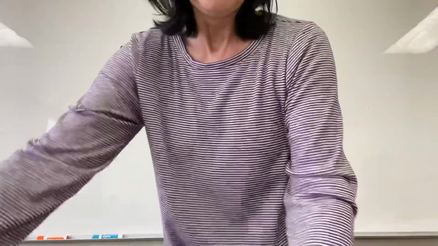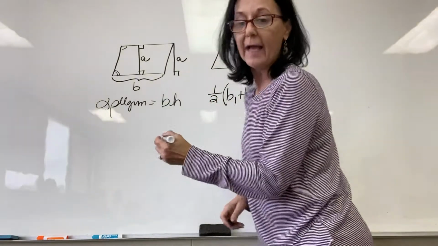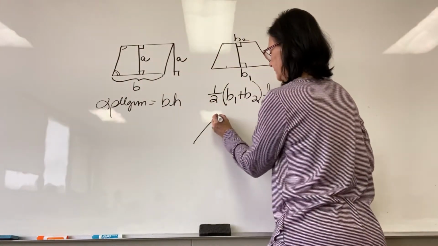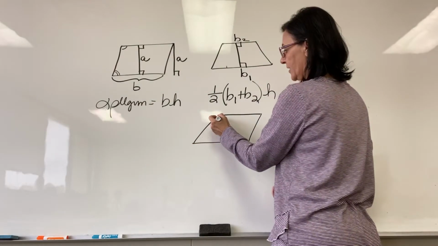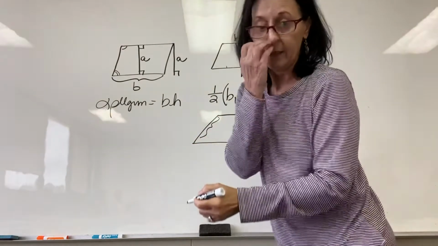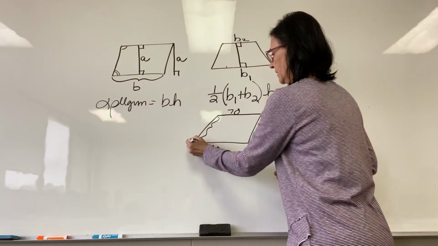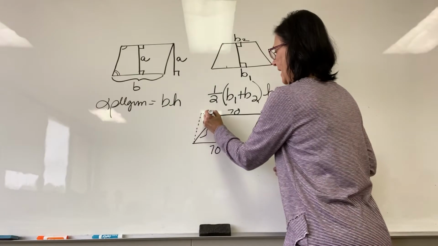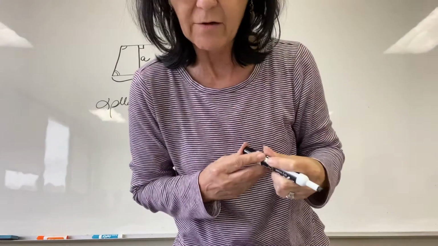All right, in the second figure, you now need to calculate the length of a side. You know this is 70, you know that is 70, but you have this imaginary right triangle that you have to take out.